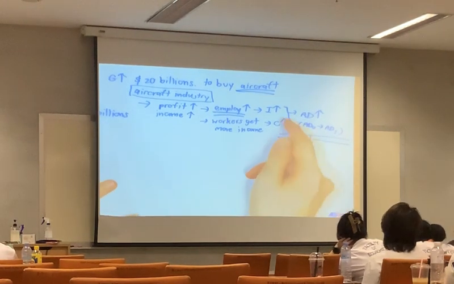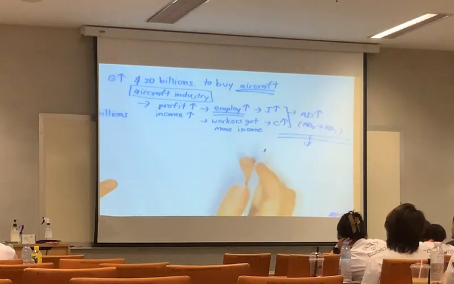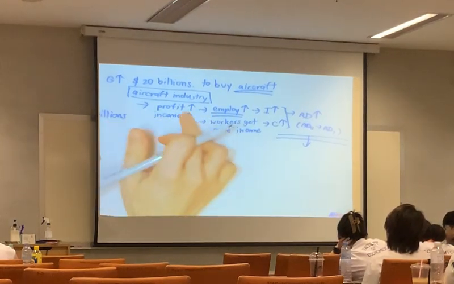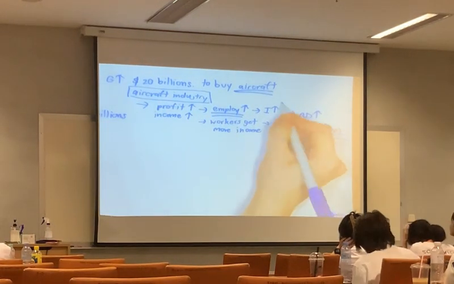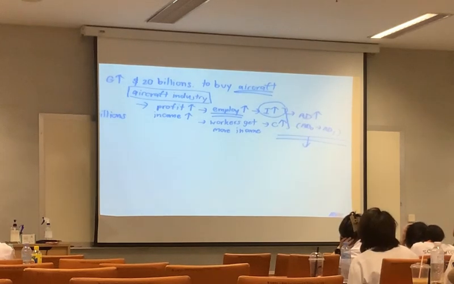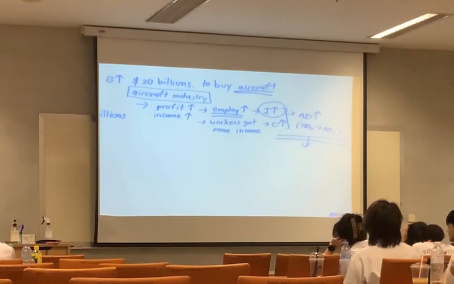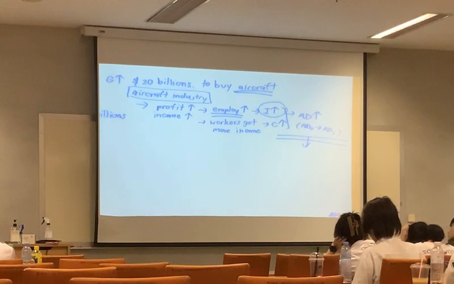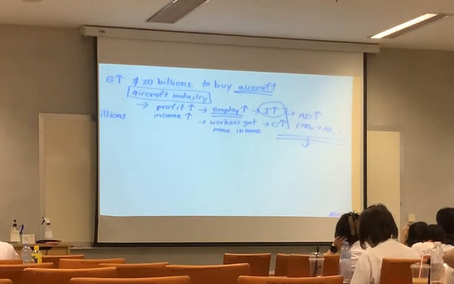So suppose they go to invest. For example, the aircraft industry would like to invest more. They can build more factories, or they need more trucks to transport their aircraft material, whatever.